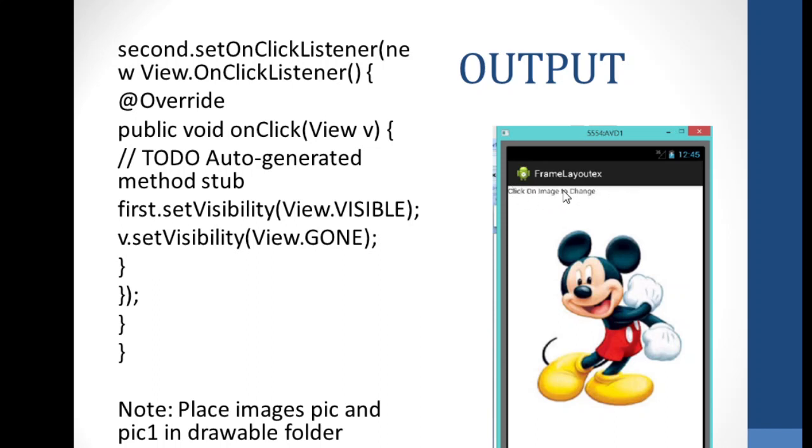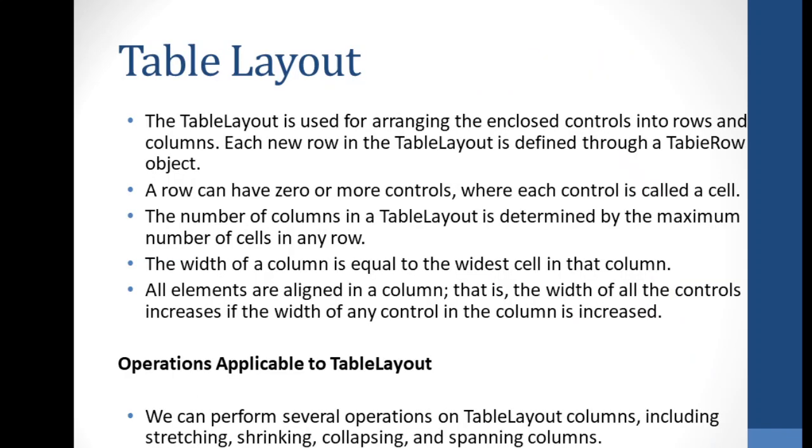By clicking this text, we can change this pic within the single view only, within the frame only, within this control only, this image view only. If we click here, then it can change another pic. I didn't place two pics over here. I have placed only one pic. You can check by executing those programs also.